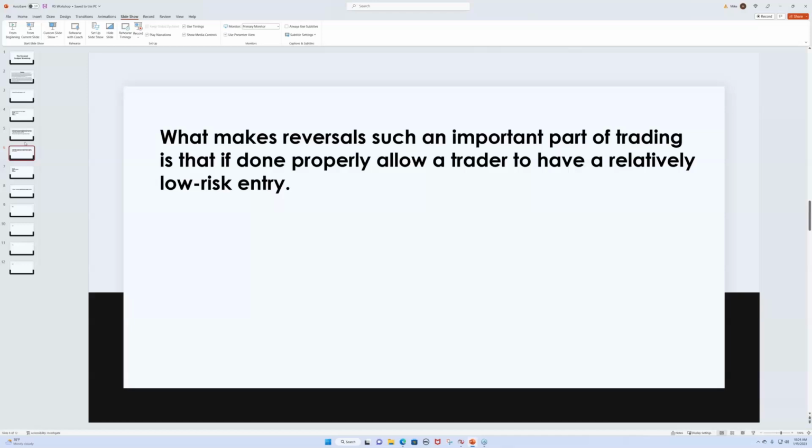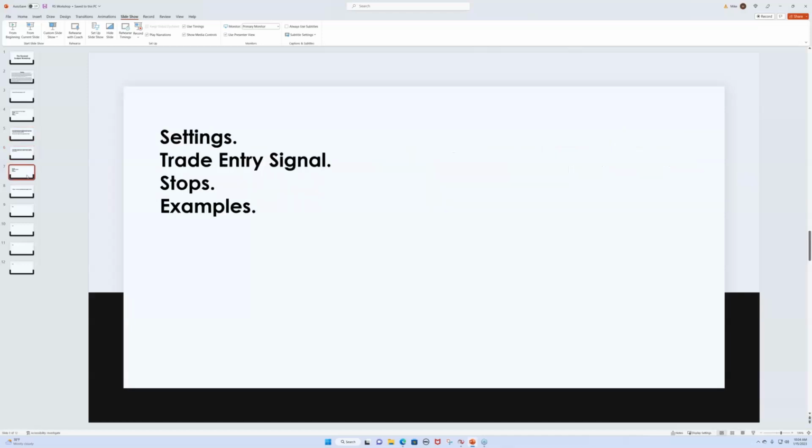It's very clear on the chart where you should be placing your stop. And with the reversal scalper, we highlight the bar, the initial place where the reversal is taking place, so you can easily see where you should be placing your stop. So I'm going to pull up the charts, and I'm going to talk about settings, trade entry signal, stops, and then we'll go into some examples.